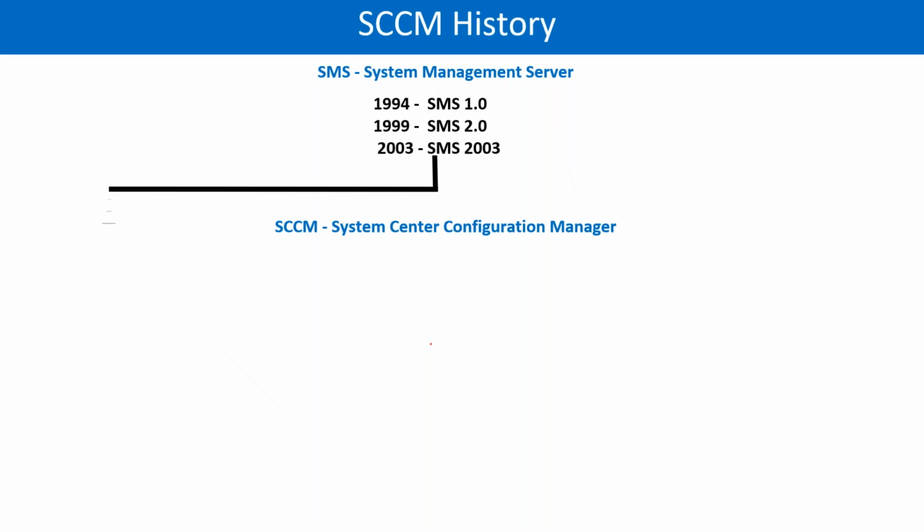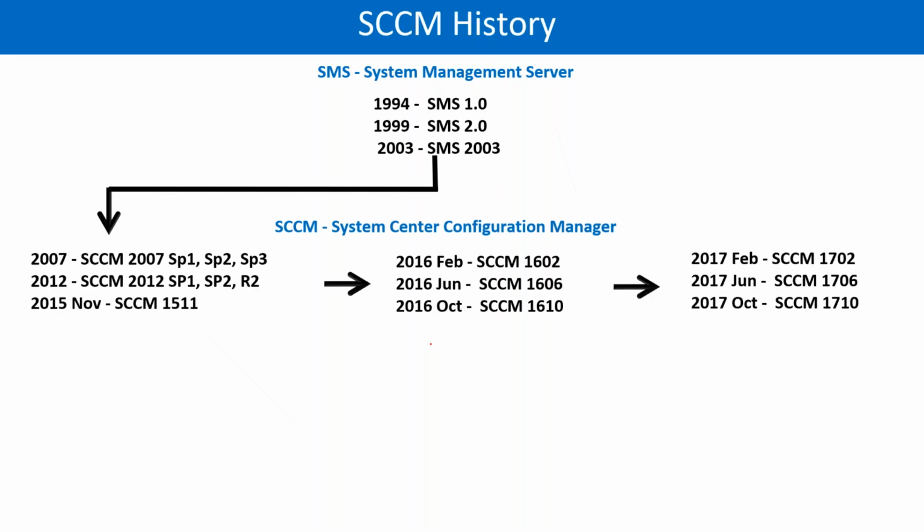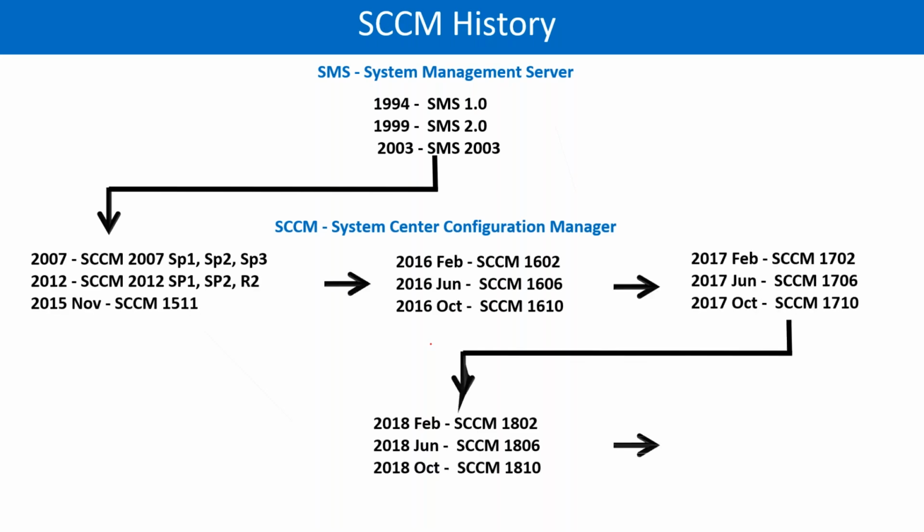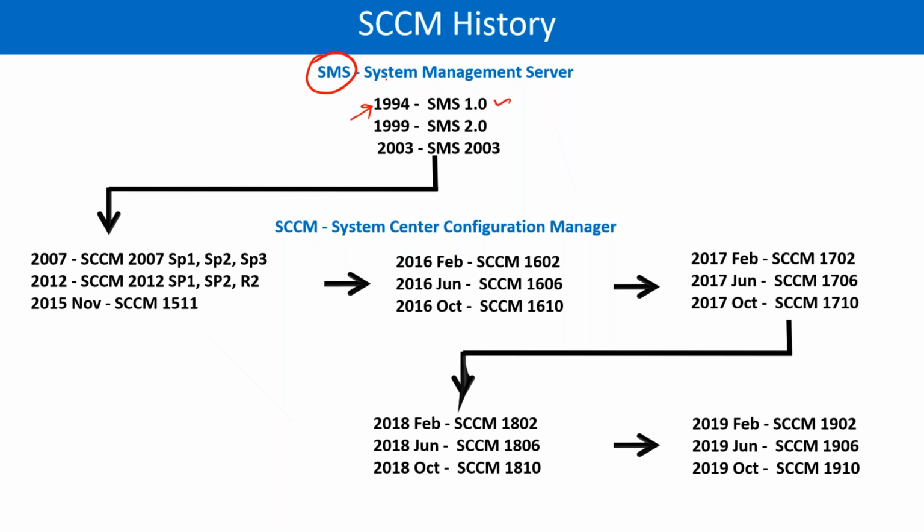Now, let me give you the details about this product, right? So as you know, this tool is developed by Microsoft. Microsoft developed in the year 1994, right? And they released SMS 1.0. SMS was System Management Server. This was the old name of SCCM, System Management Server.